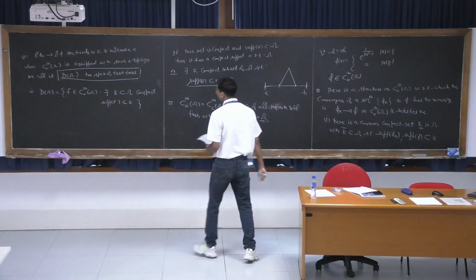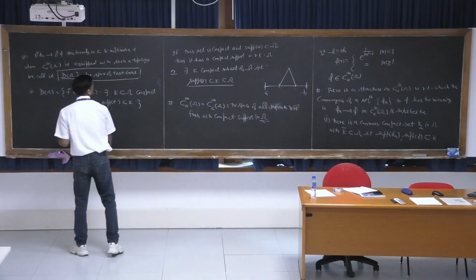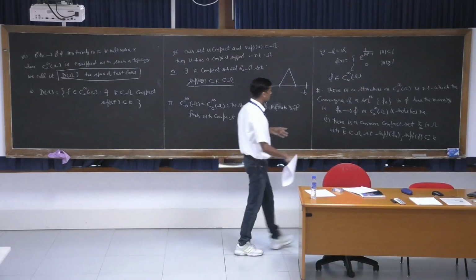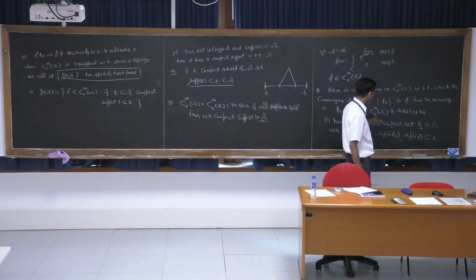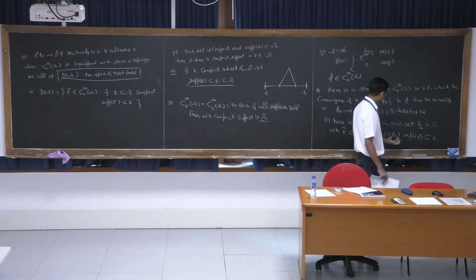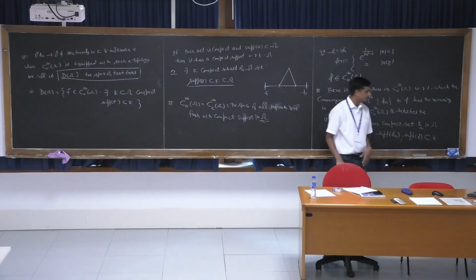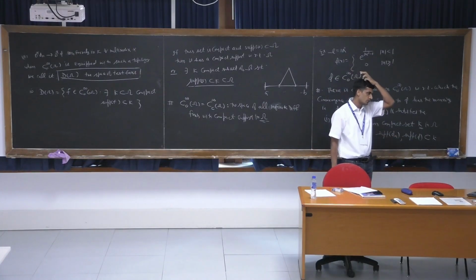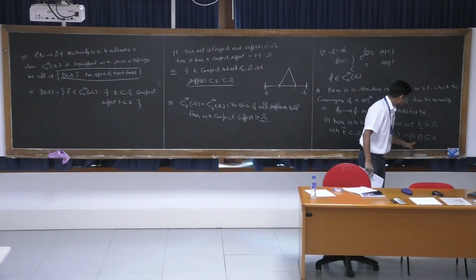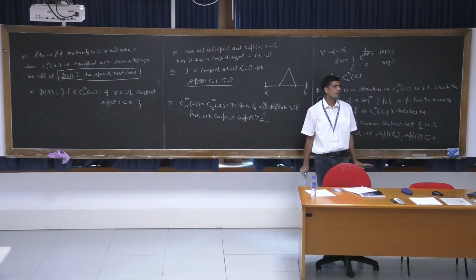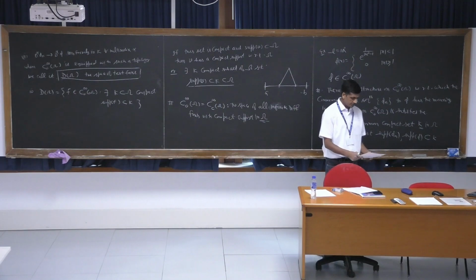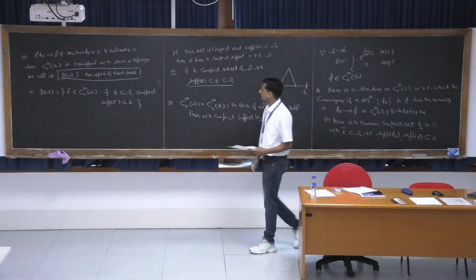And every function has this convergence property. We can say support of phi n and support of phi are subsets of K here. So this was the definition of another space.